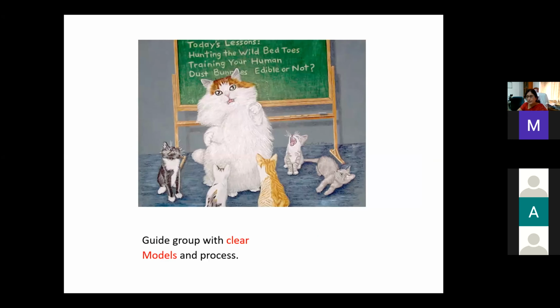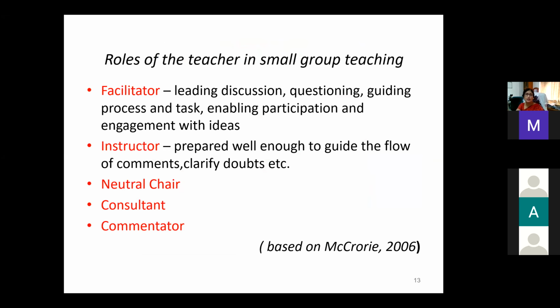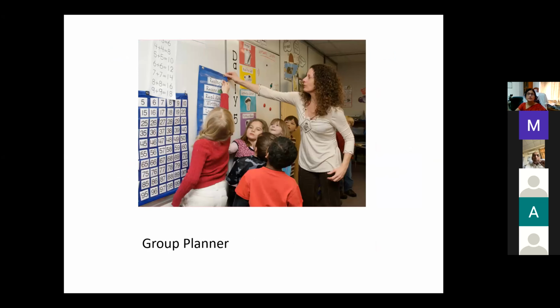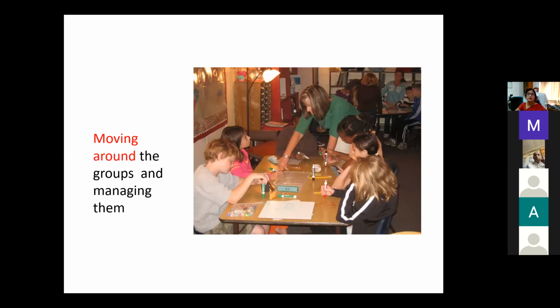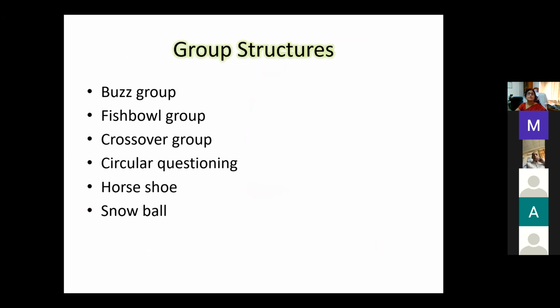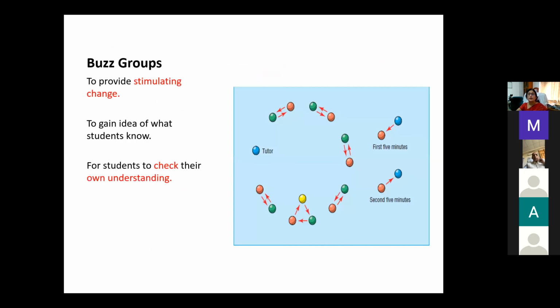Most of us are actually using small group discussions. The only thing now is we need to give some structure, and we have already discussed different structures which we can use for small group teaching, these different group types during our group discussions.